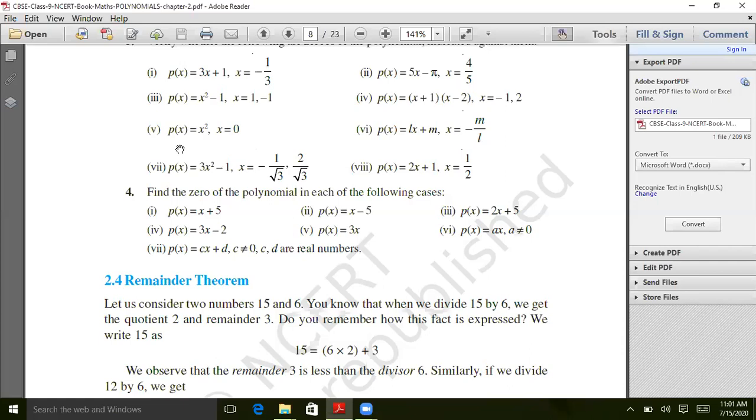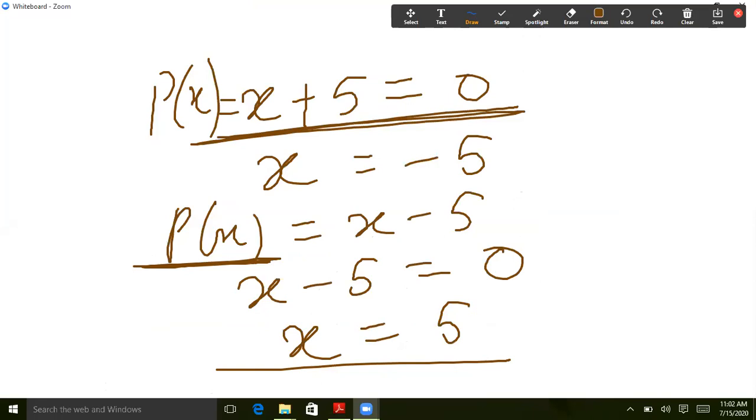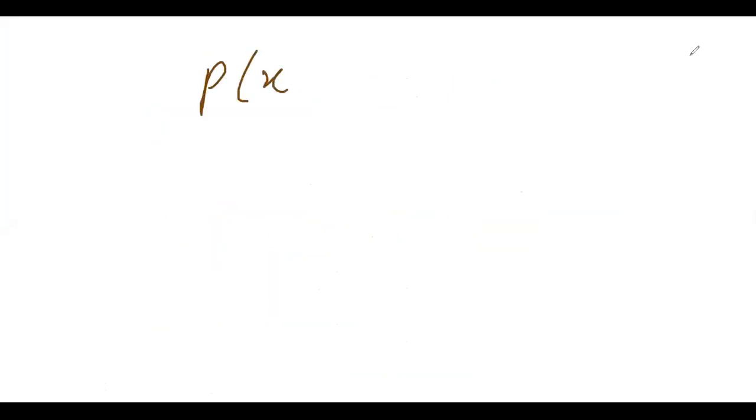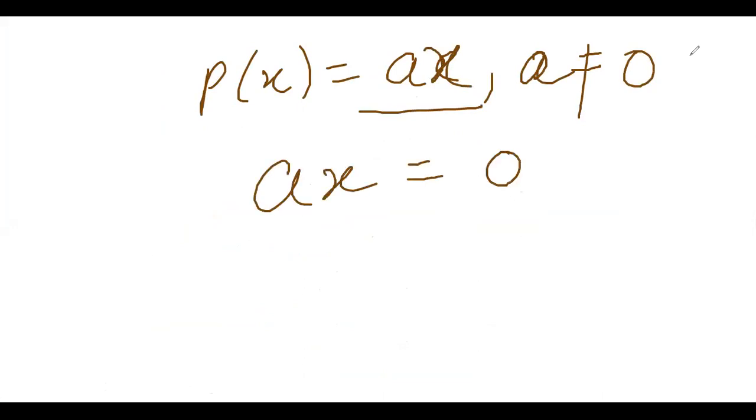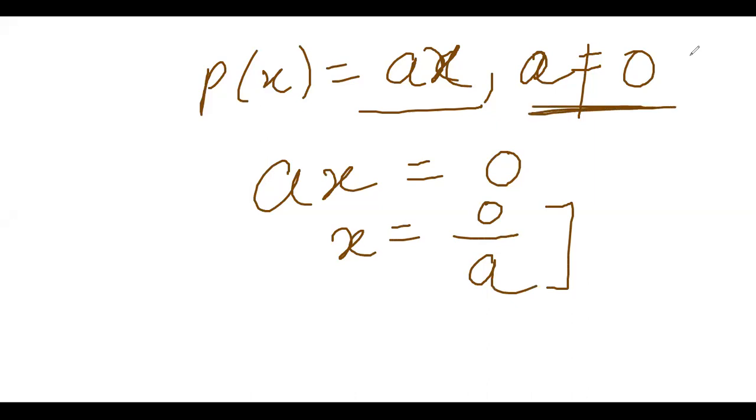Let's do the sixth part. p(x) is equal to ax. And p(x) equal to 3x and ax will be the same. Fifth and sixth parts are almost the same. So the sixth part is p(x) is equal to ax, where a is not equal to 0. क्योंकि a 0 होते ही... अगर हम ax को 0 पुट करते हैं, ठीक है, टू फाइंड आउट द 0 ऑफ द पोलिनोमियल, तो व्हाट विल बी x हियर, 0 अपॉन a. और a जैसे ही अगर 0 हो जाता है, सो इट्स नॉट डिफाइंड, पॉसिबल ही नहीं है कि डिनोमिनेटर पे 0 हो. दैट्स व्हाई इट इज गिवन हियर a is not equal to 0.